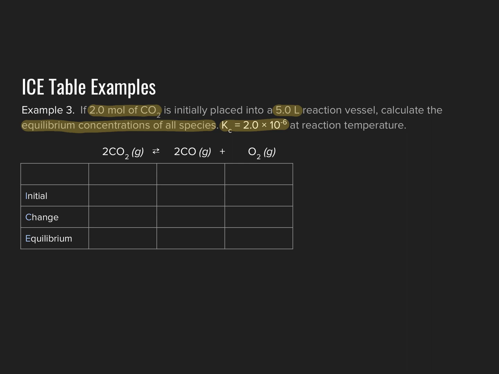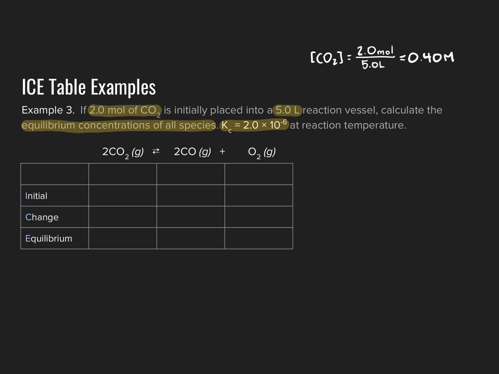Let's go ahead and follow the framework we've provided you on the previous slide to determine the equilibrium concentrations of all species. Starting off by calculating the molarity of the CO2 gas in our reaction flask under those initial conditions. If I have a 2.0 mole sample of CO2 in a 5.0 liter flask, this yields a molarity of 2.0 divided by 5.0, which would yield 0.40 molar.